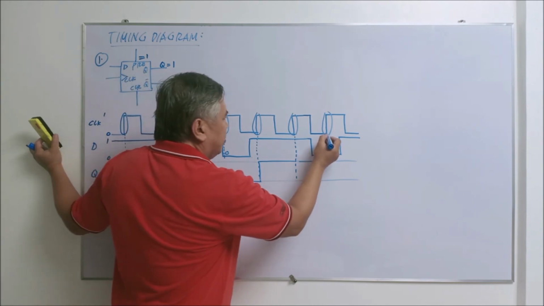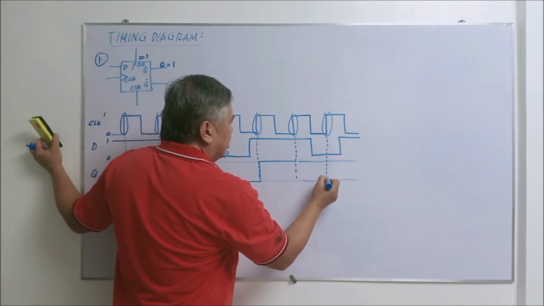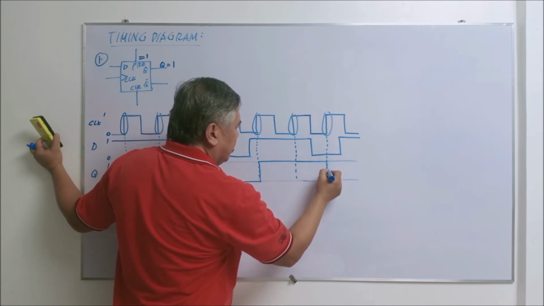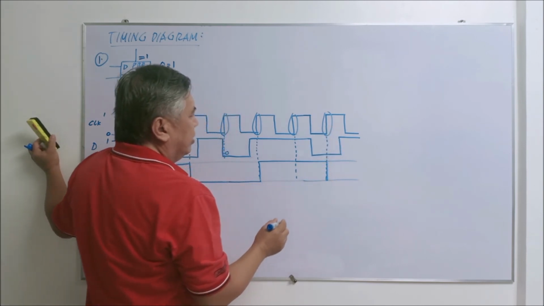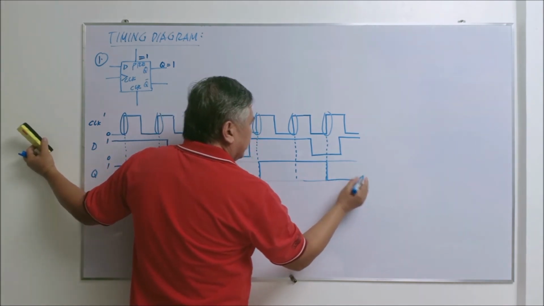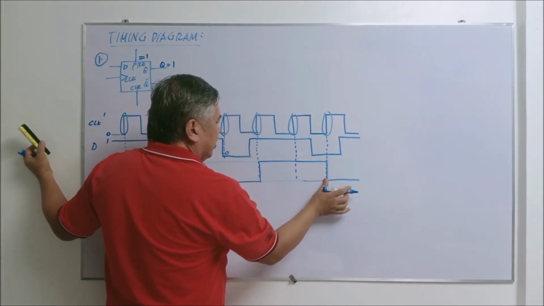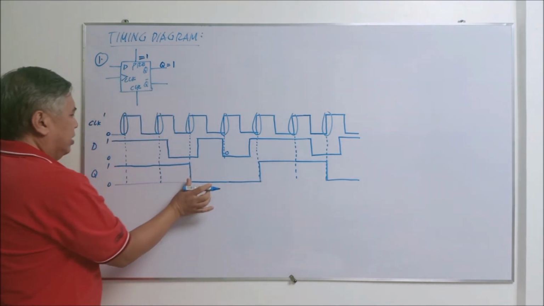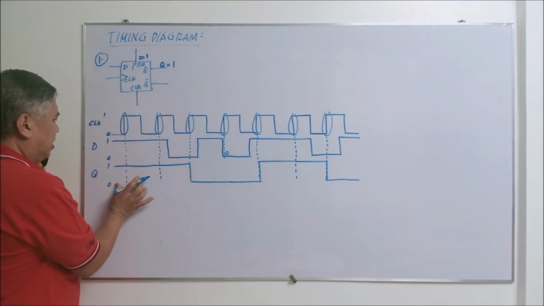Then, positive triggering here, D is equal to 0, then D implies Q, 0. Okay? Then, there is no more positive triggering, so it remains 0.